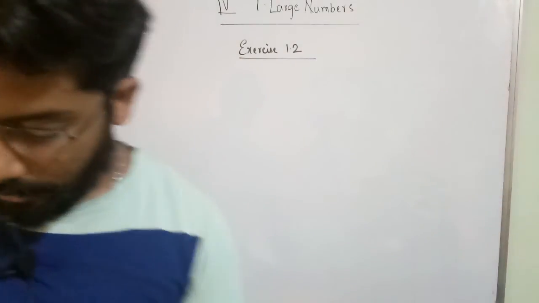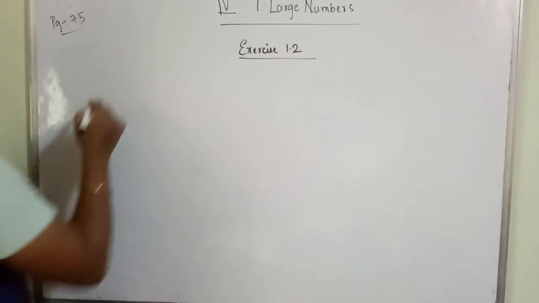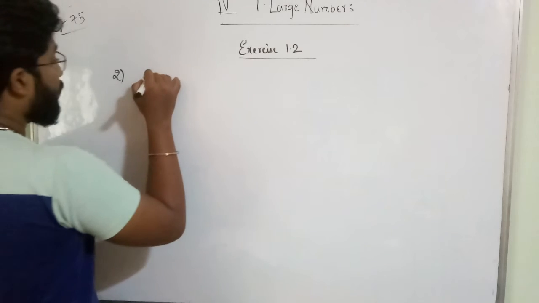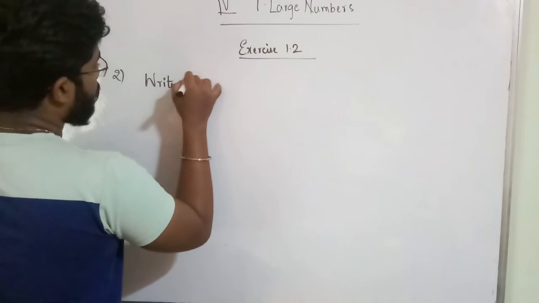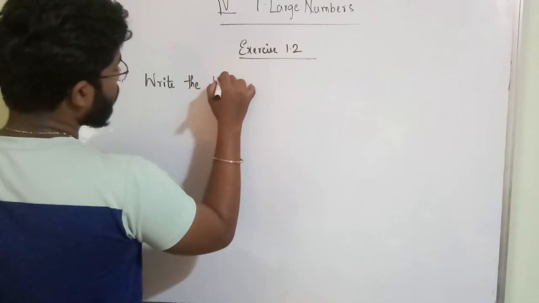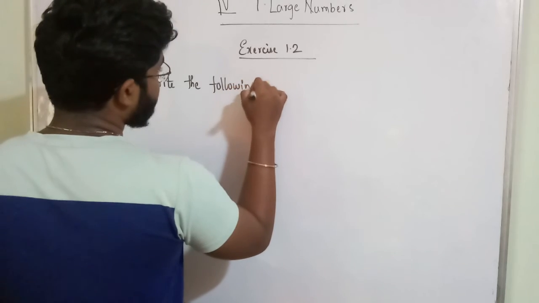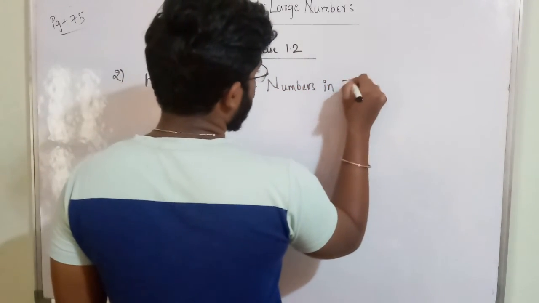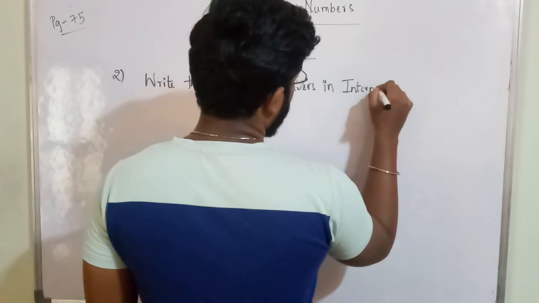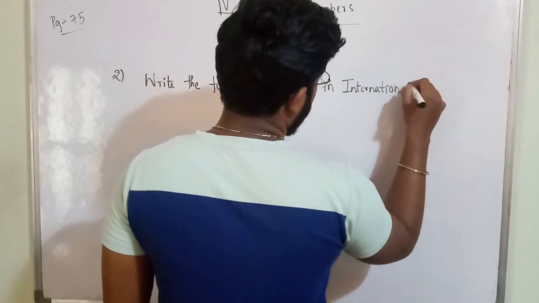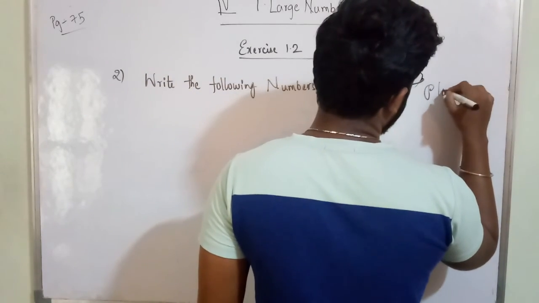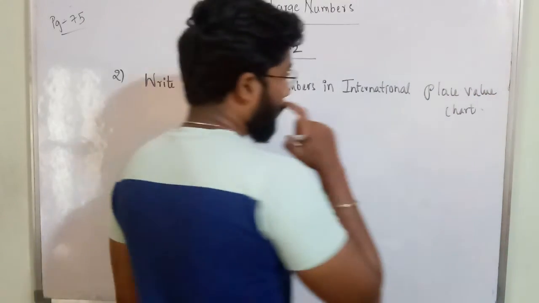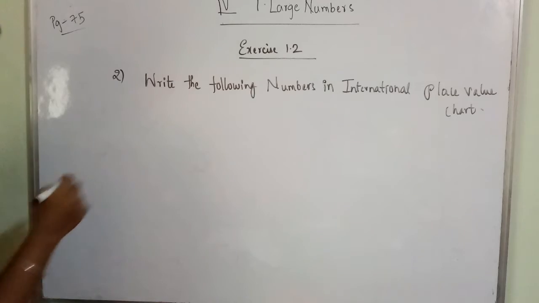You have to write the following numbers in the international place value chart. Clear? International place value chart you have to write.